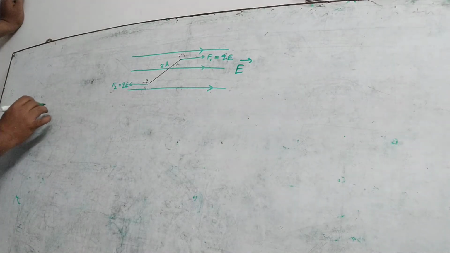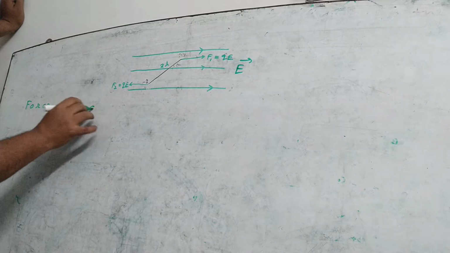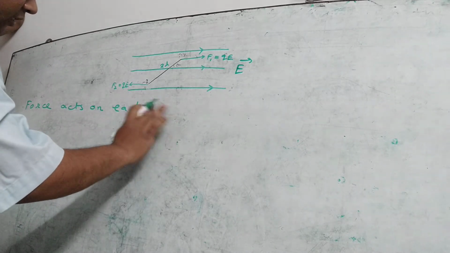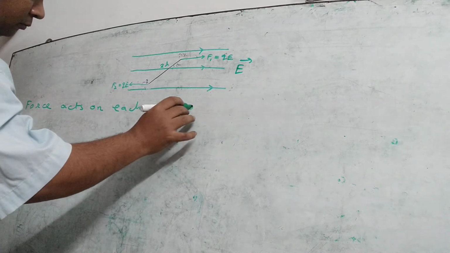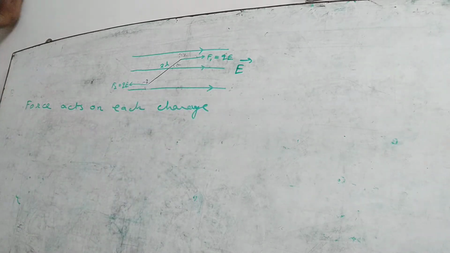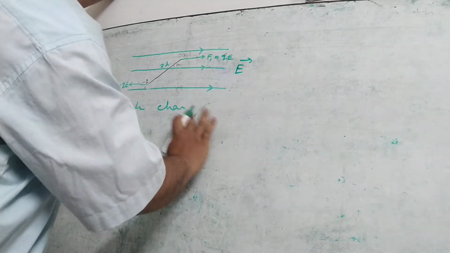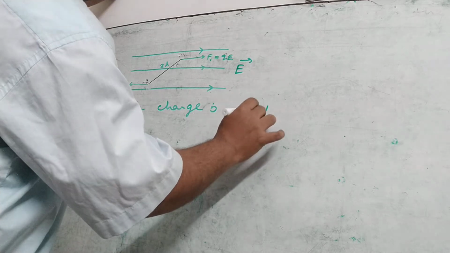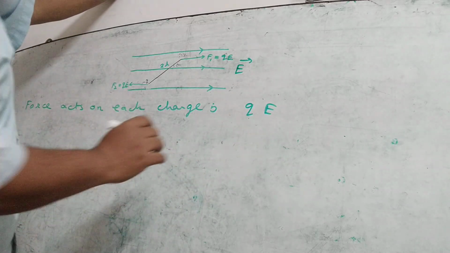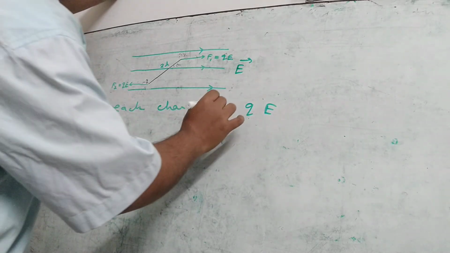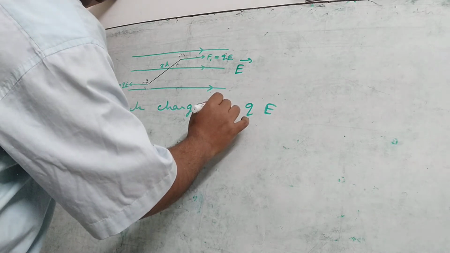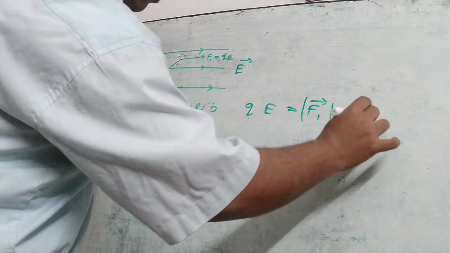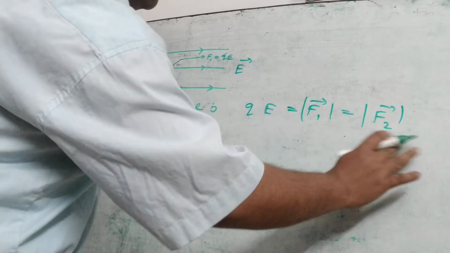The force acting on each charge is q into E, that is, the magnitude of F1 is equal to the magnitude of F2.